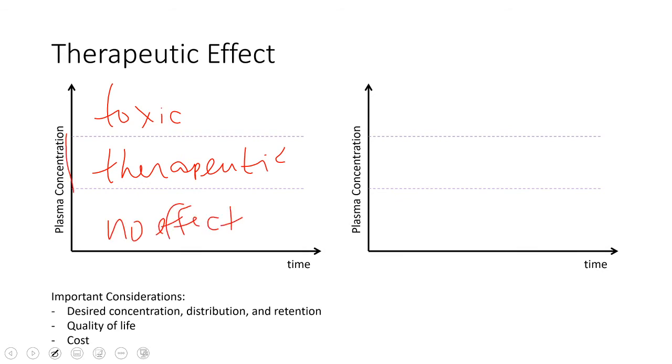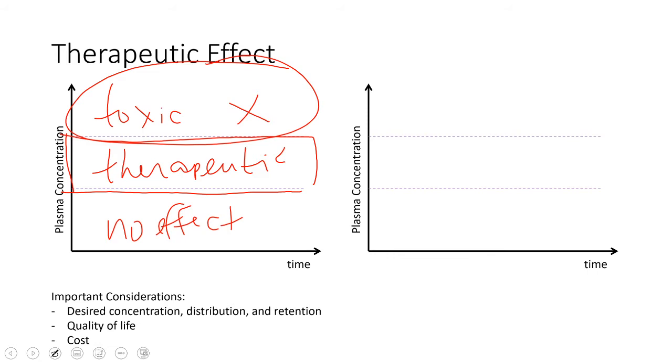You want to stay within this box for as long as you want and not go over to this toxic area where you'll see side effects. Most drugs are this way. Say you have a headache and you take some ibuprofen. Maybe a baby dose isn't going to be enough for you, but if you take 2 pills, it'll do something, and that's good. You're in that therapeutic effect. But if you take 7, then you might see some toxic effects.